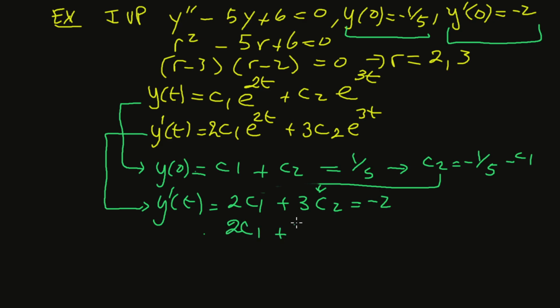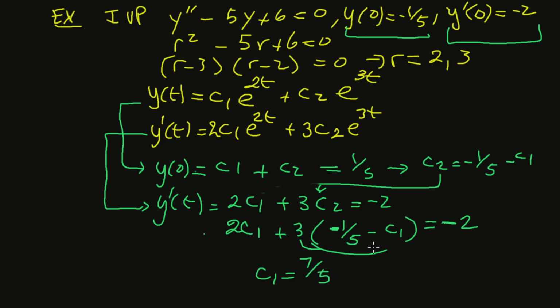So 2C1 plus 3 C2 is -1/5 minus C1 equal to -2. Alright, so you know that you need to distribute, you know that you need to combine and all this, and you get C1 to be 7/5. So pause the video, try it, see if you get this, which leads to C2.